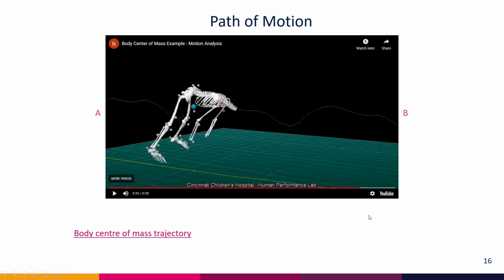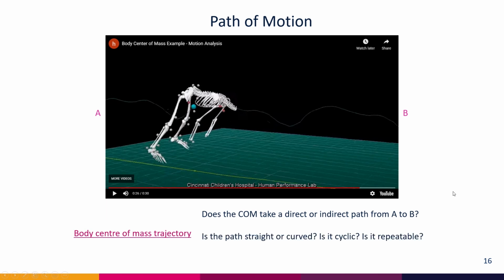Okay, so we can ask questions about this motion. Once we've tracked it, we can say, does the center of mass take a direct or an indirect path from point A to point B? Is that path straight or curved? Is it cyclic? Is it repeatable?